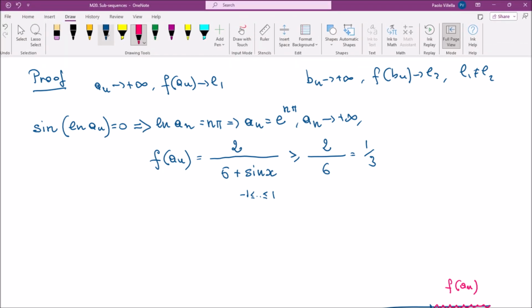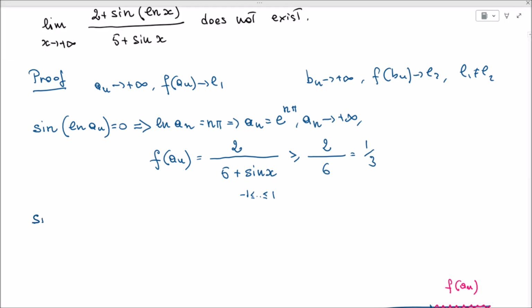Now let's see what happens if we look for a sequence bn such that the sine of the logarithm of bn is instead equal to -1. Okay, so let's see what happens for this other sequence.